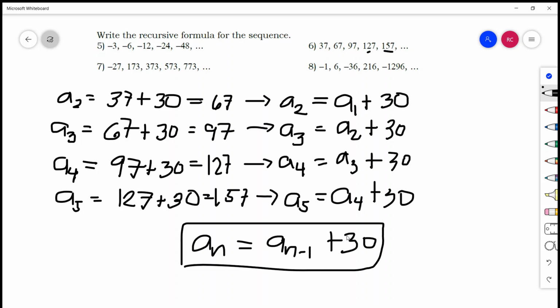Now, for problem number 7, so I will leave it to you as an exercise. Okay, so proceed tayo with problem number 8. So let me clear this one.